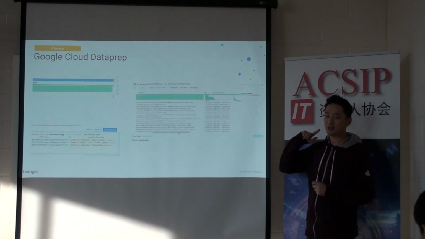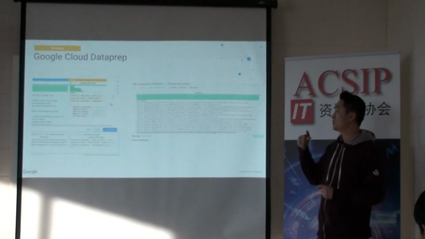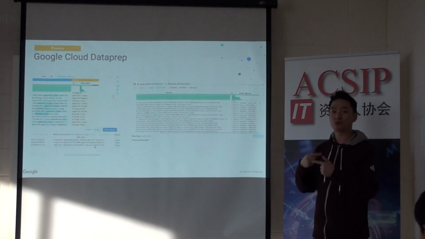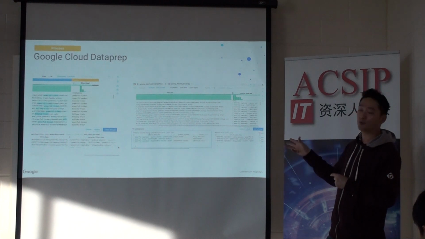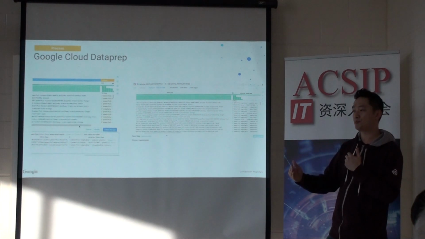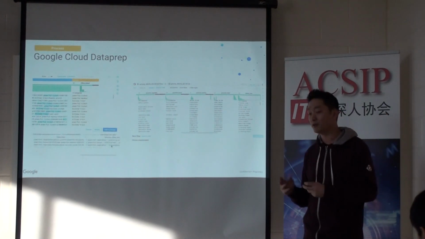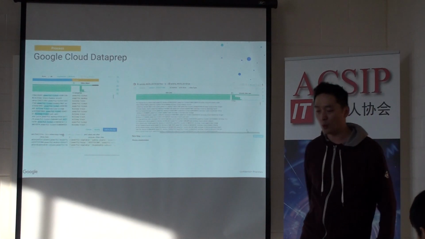What it does then is send a Dataflow job, the previous service that I just talked about, and Dataflow is the execution engine for Data Prep. So all the nice things about autoscaling and sharding, all of that is automatically done for you. Then this just becomes the UI for Dataflow.